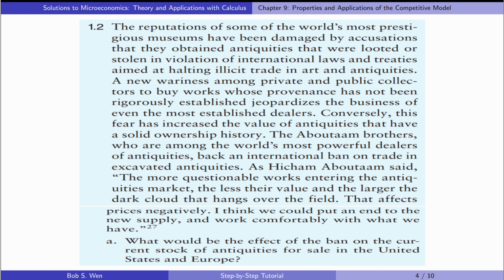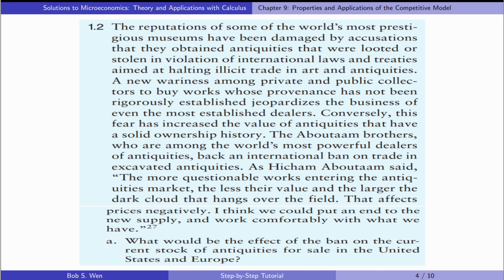Conversely, this fear has increased the value of antiquities that have a solid ownership history. Arbutan brothers, who are among the world's most powerful dealers of antiquities, back an international ban on trade in excavated antiquities.